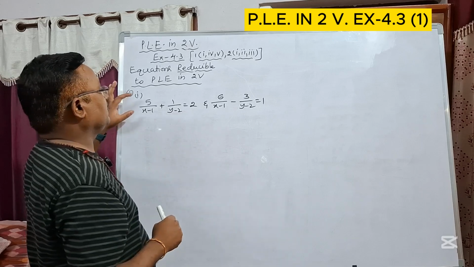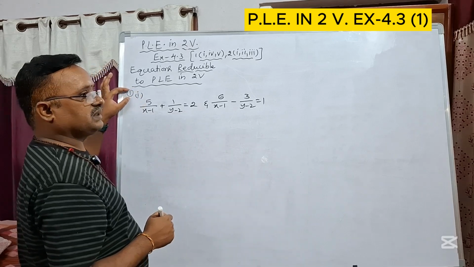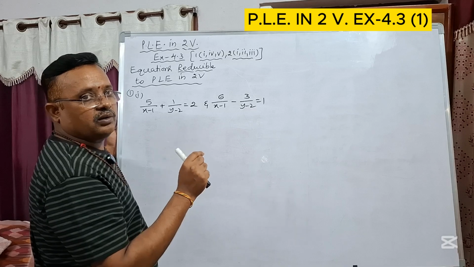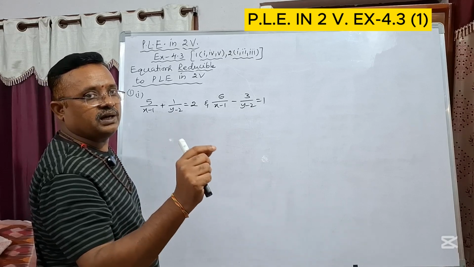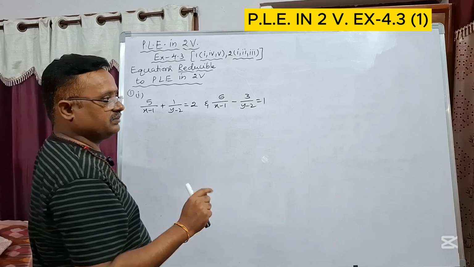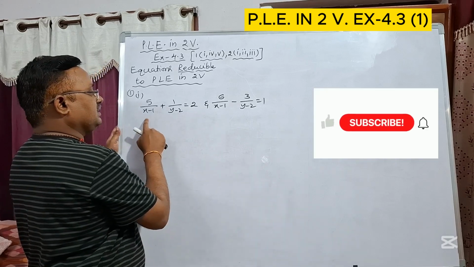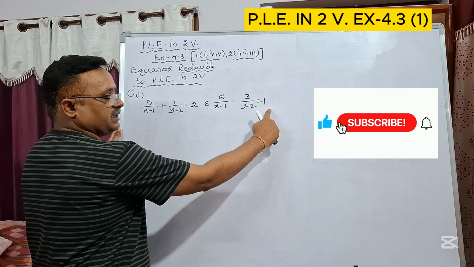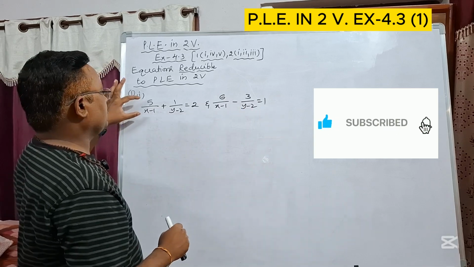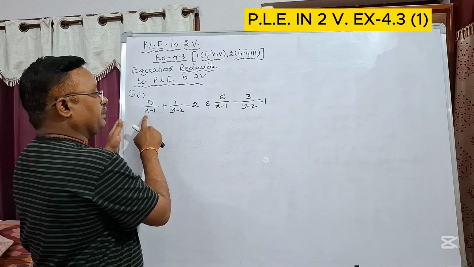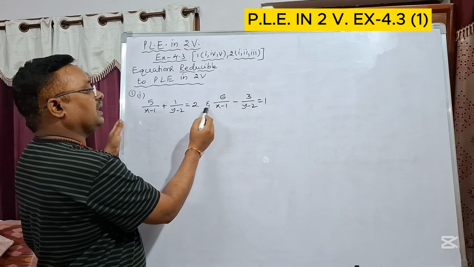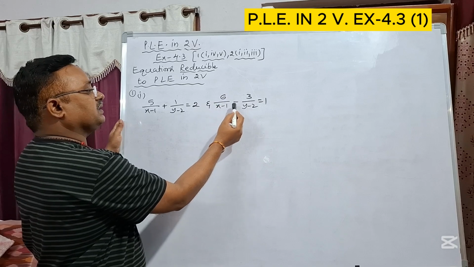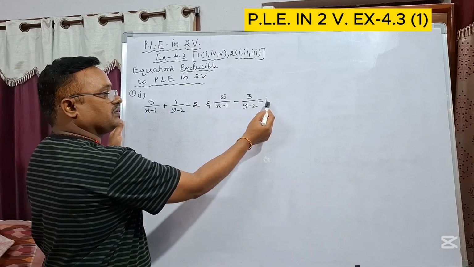In this first question they are saying solve the following equations by reducing them into pair of linear equations in two variable form, and they have given this one as the first equation, this one as the second equation. Please observe that here 5 by x minus 1 plus 1 by y minus 2 equal to 2, and 6 by x minus 1 minus 3 by y minus 2 equal to 1.